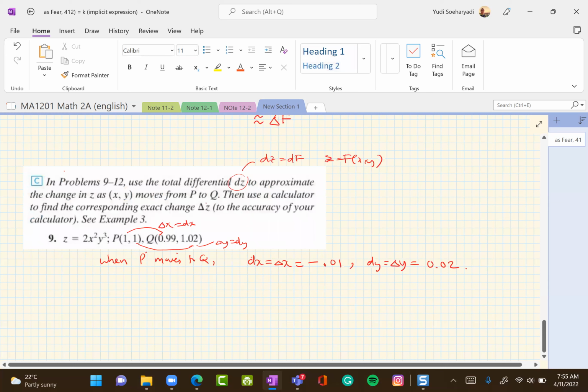That means dz is, well, let's compute this.